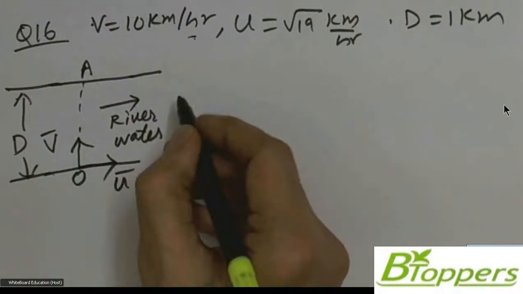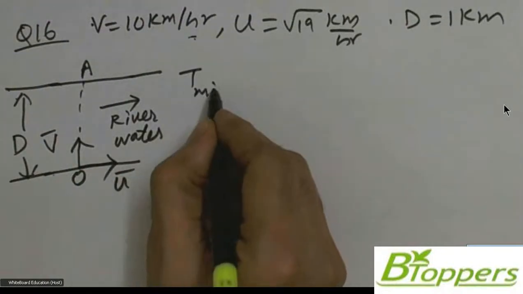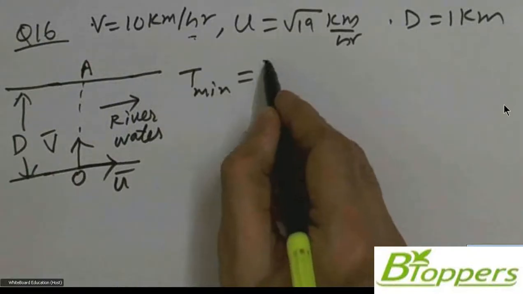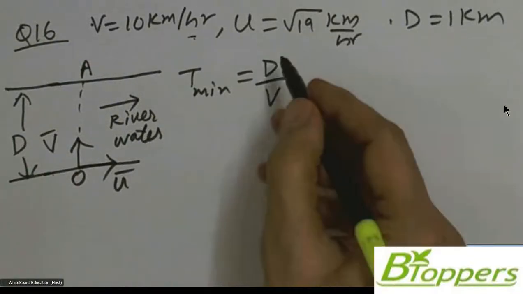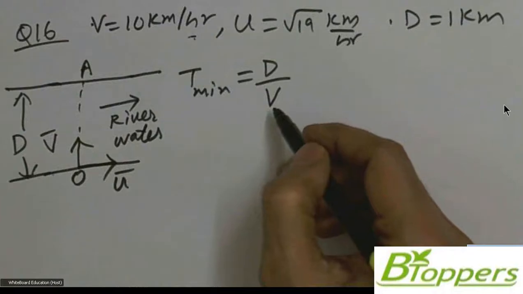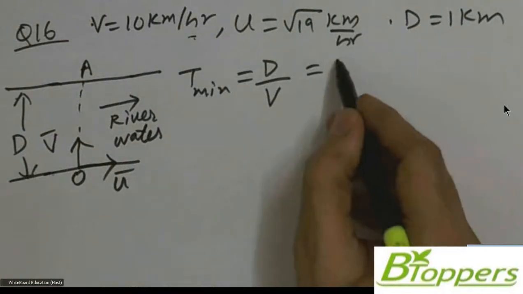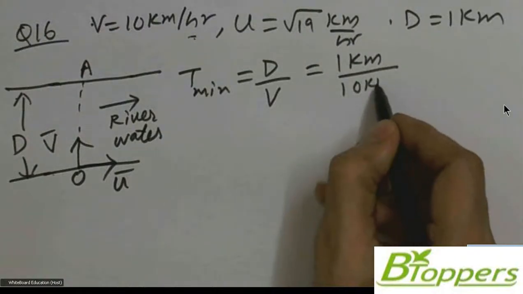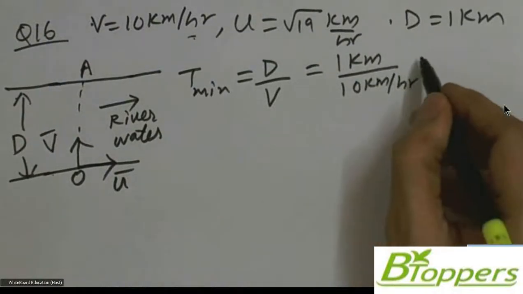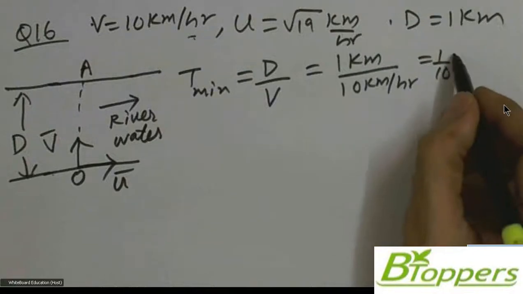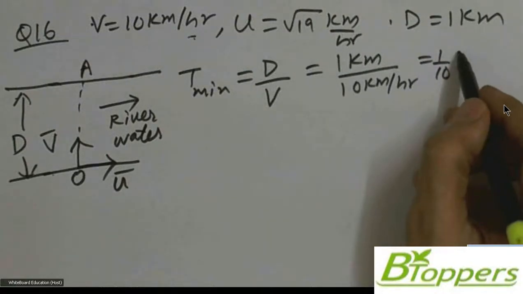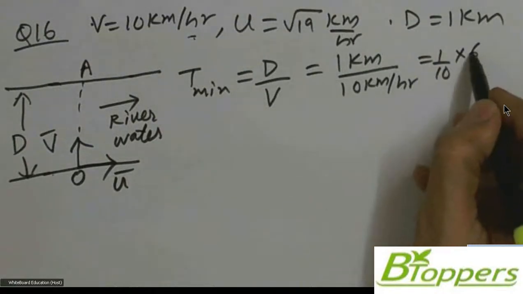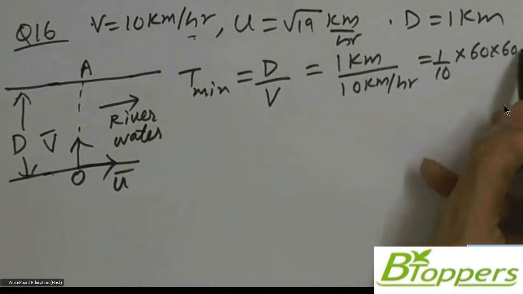So the minimum time taken to cross the river, as I discussed earlier, is D by V, the width of the river by the speed of the boat or swimmer in still water. That is 1 kilometer by 10 kilometer per hour, or 1 by 10 hours, which means 1 by 10 into 60 minutes into 60 seconds.